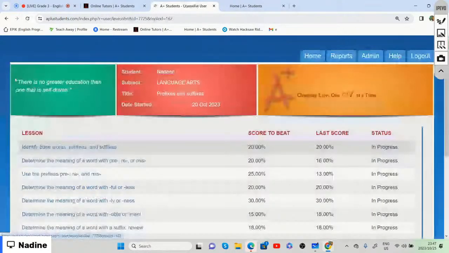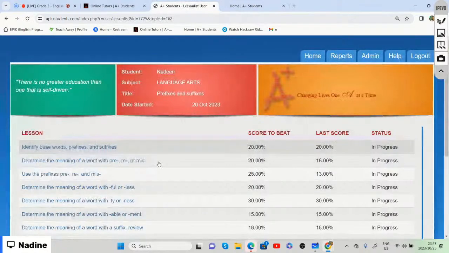All right, so that is basically our lesson on prefixes and suffixes. We said when it comes to prefixes and suffixes, we have a root word. A root word is basically a word that can stand on its own. With a root word, you can add a group of letters in front of it, which we call a prefix.